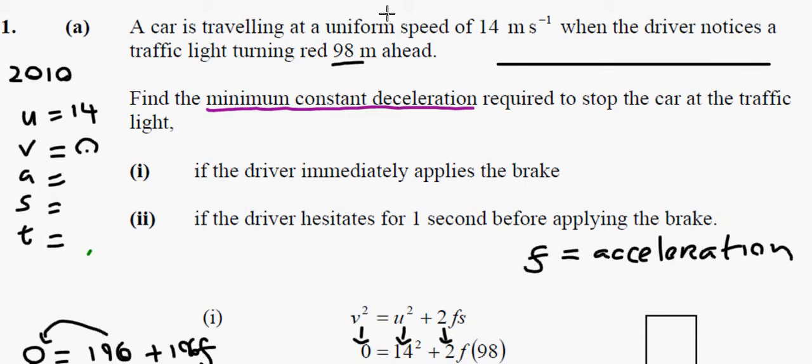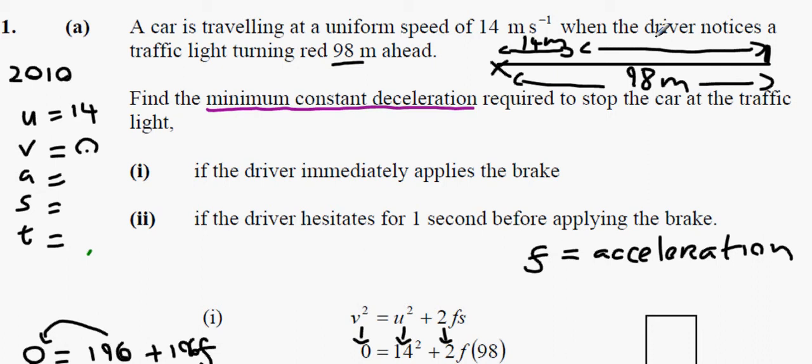He had 98 meters at the start, and the traffic lights are up here. He delayed in hitting the brakes, so in this extra second he travels 14 meters, because remember, he travels 14 meters per second. This leaves 84 meters left over.